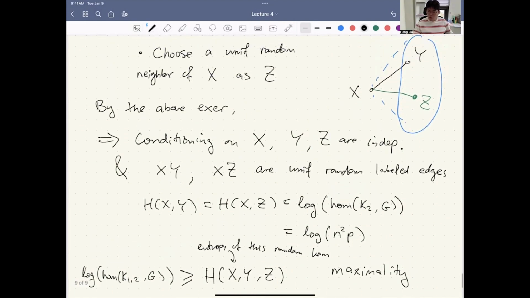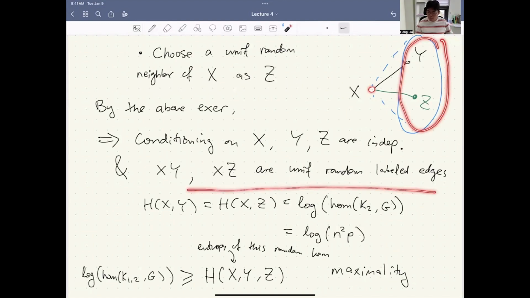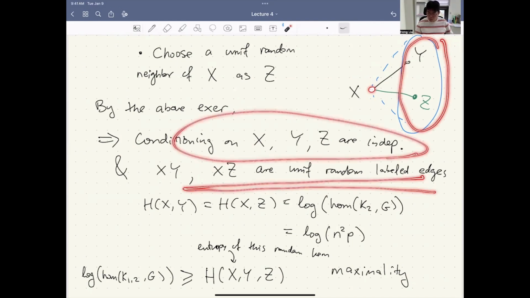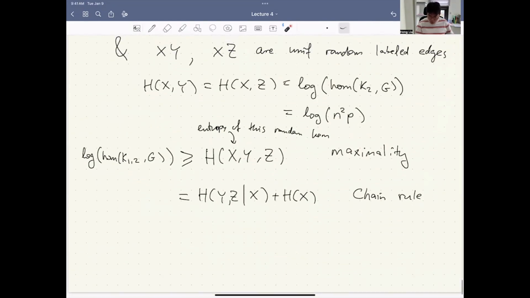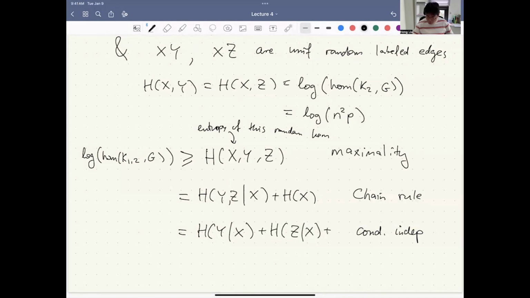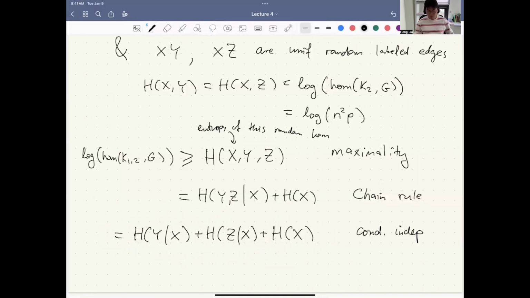Why do we write the chain rule like this? Because given x, y and z are independent here, right? This conditional independence means we can split the first term as a sum.